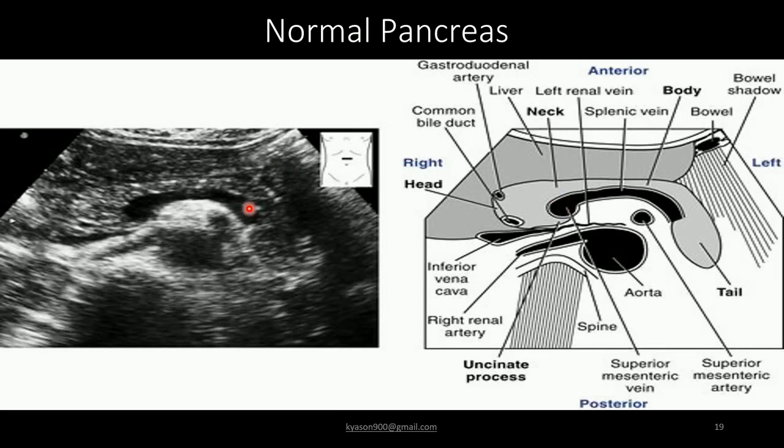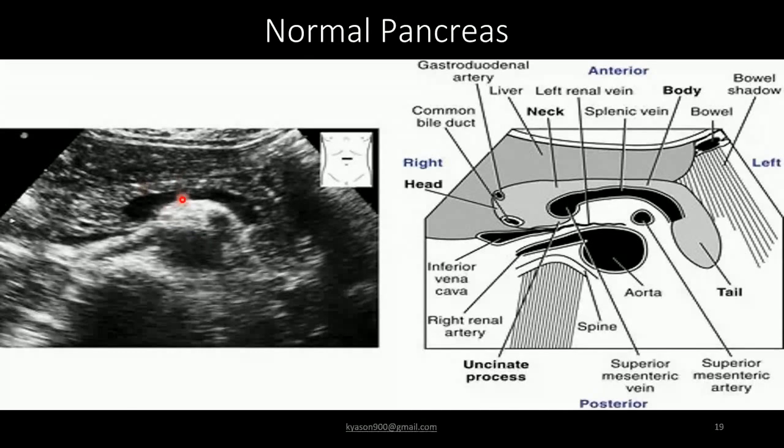You can see our splenic vein there behind the body, and that is its meeting point with the superior mesenteric vein to form the hepatic portal vein behind the neck of the pancreas. The tail can also be appreciated here towards the left side. That's the tail there.